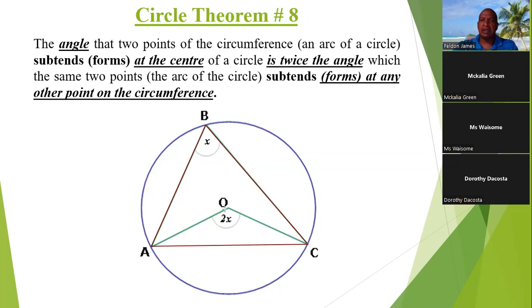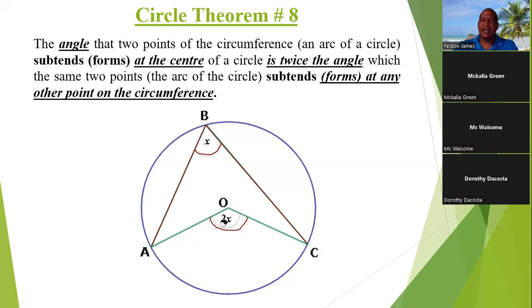Now, this theorem says that the angle that is formed within the segment, given your X, is half the angle that is formed at the center from the same two points A and C. So that's the theorem.